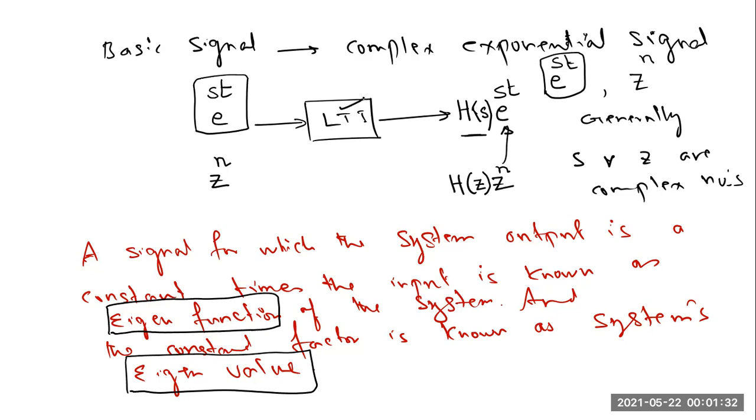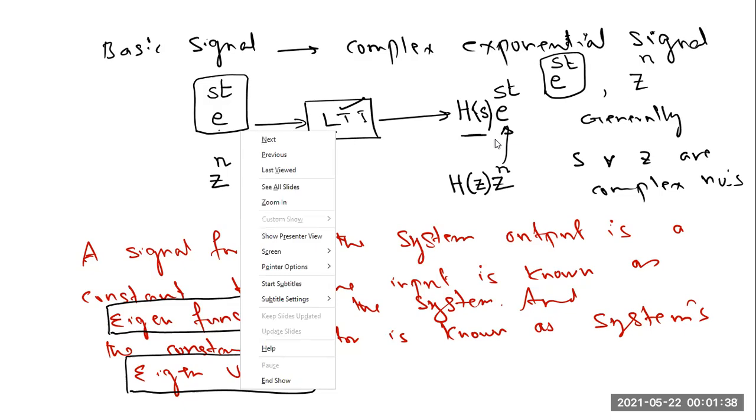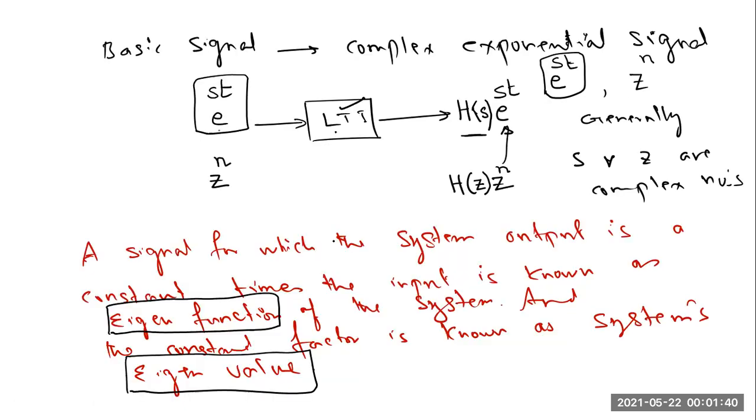Why is it eigenfunction? Because when I apply this function as input to my system, I get the same input as output multiplied with some constant factor. And that particular constant is known as eigenvalue.